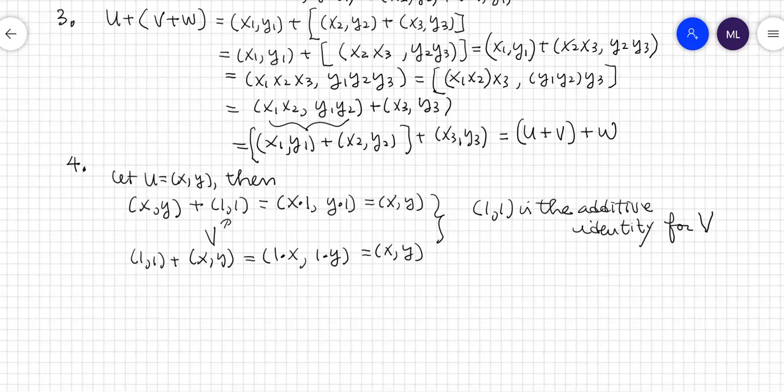So now number 5. Then (1, 1) is the additive identity.